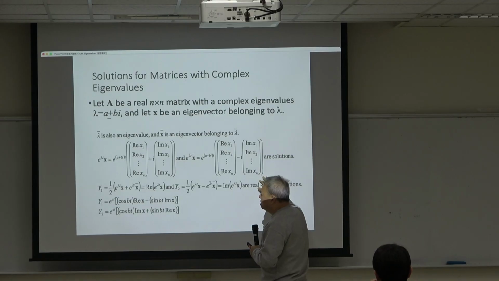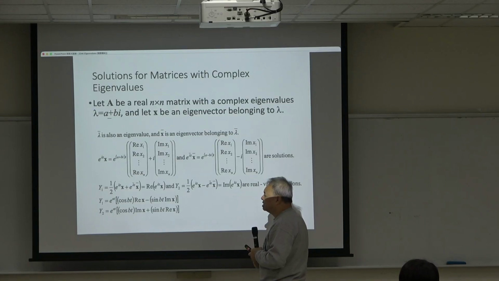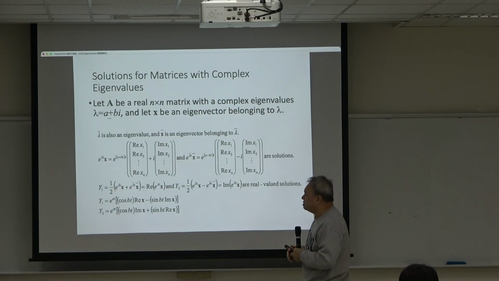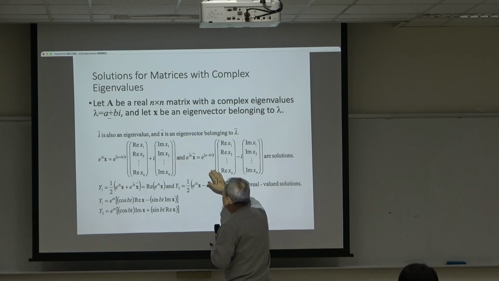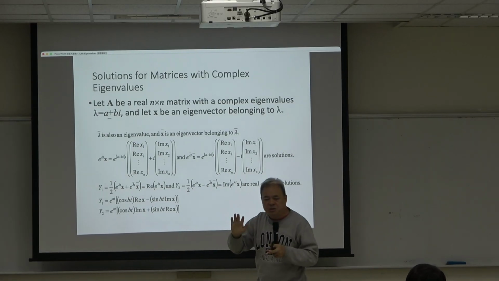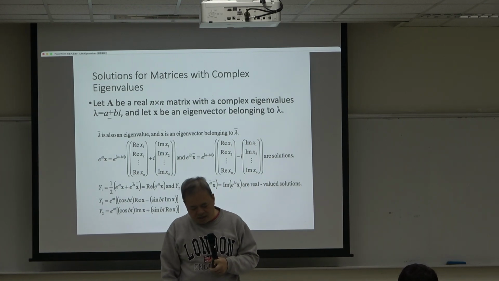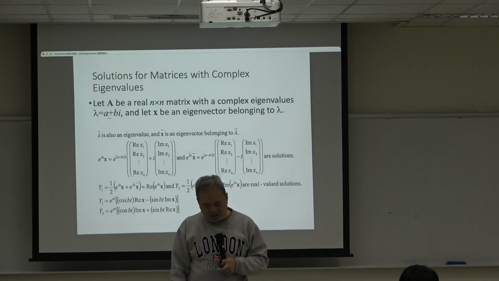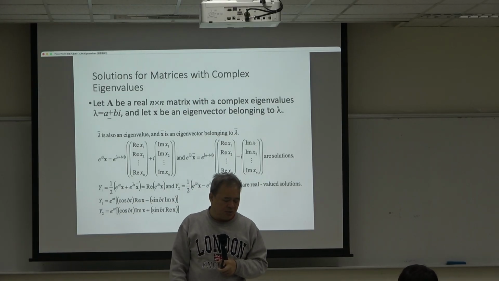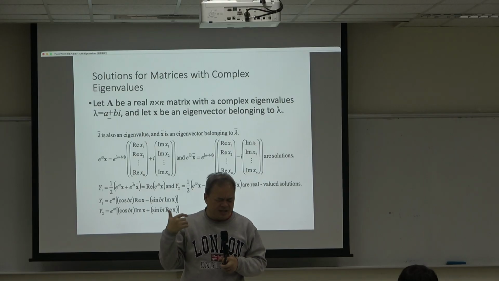A lot of times we don't like the imaginary part, right? But you could keep it this way, it's perfectly fine. If you want to represent the solution of this system of differential equations that way, no problem.